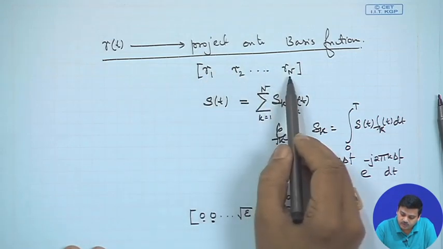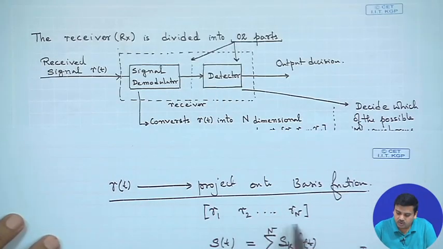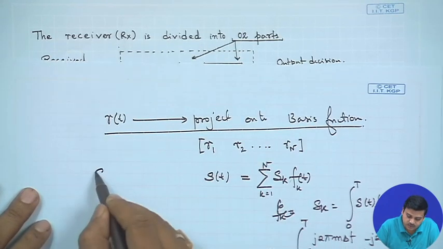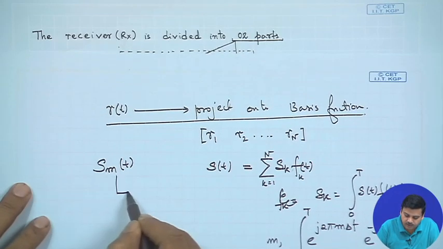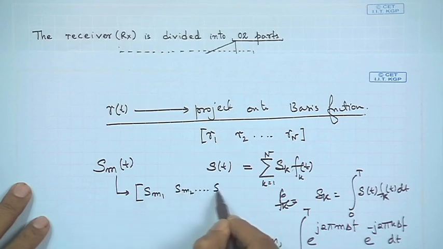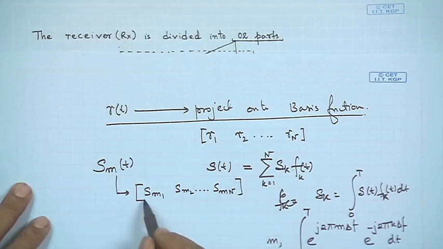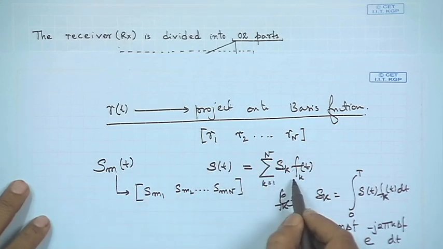Once you have broken it down into components, the job of the detector would be to use all these components and find out which value of S was sent. That means, you have S m of t, which can be broken into S m 1, S m 2 up to S m n different components. Using this you can reconstruct S m of t following an expression which looks like this.